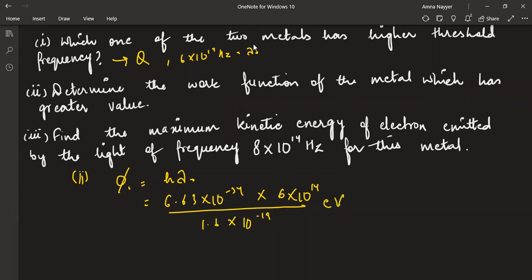Now you have the final answer in terms of electron volt. 2.5, no, Ahmed? Right, 2.5. This will be 2.5 electron volt. Good. So most of you were able to answer this part. Lastly, I think one student has also answered, Samaira. For the last part, how much are you getting? This much electron volt.